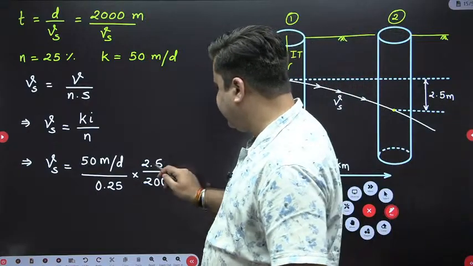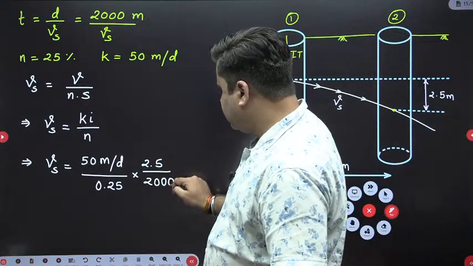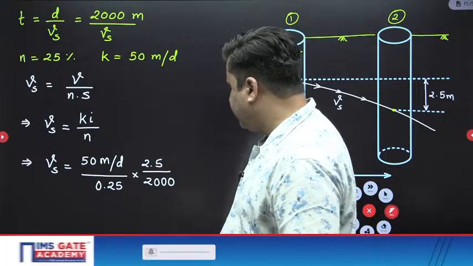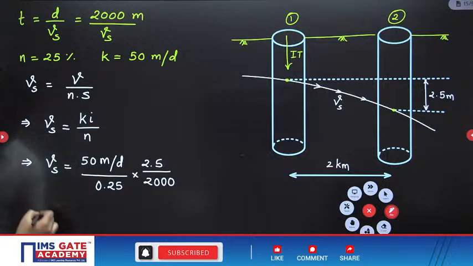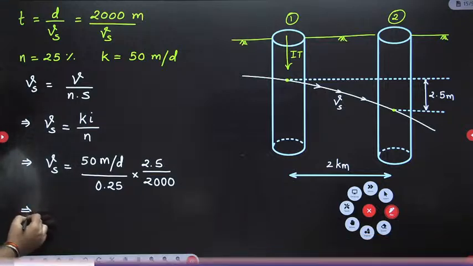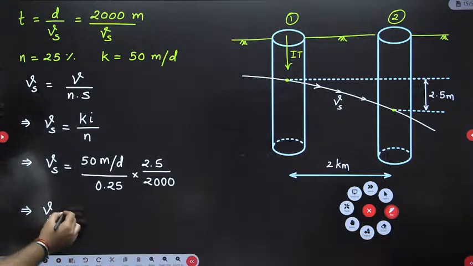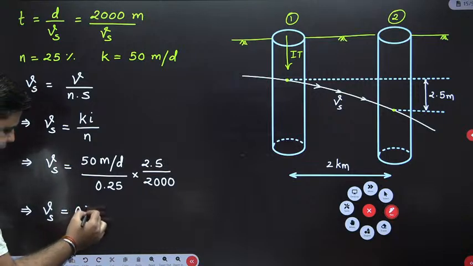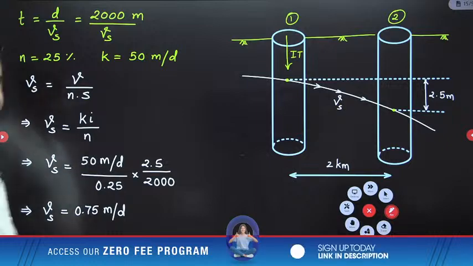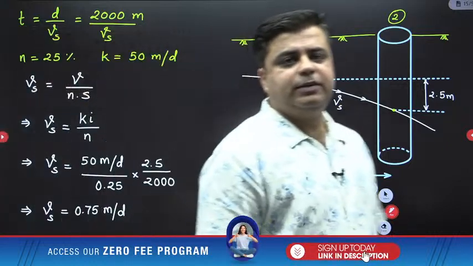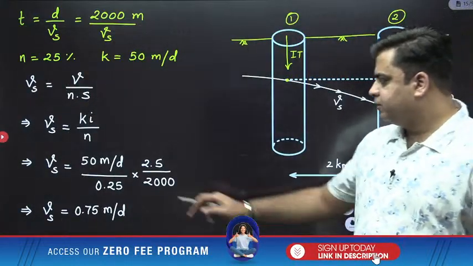So this will be 10 times. So this is 200. So 50 by 200 is 1 by 4. And 1 by 4 is 0.5 meter per day. 0.75 meter per day. Just check this. Is it correct? Just check the seepage velocity and tell me, is it correct?